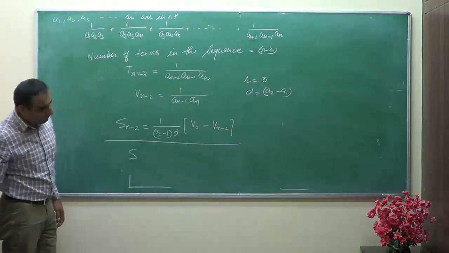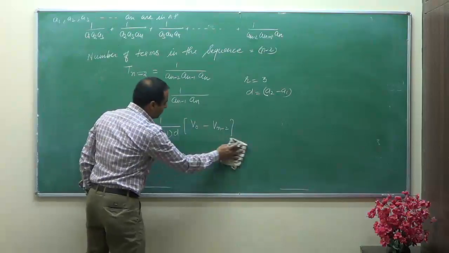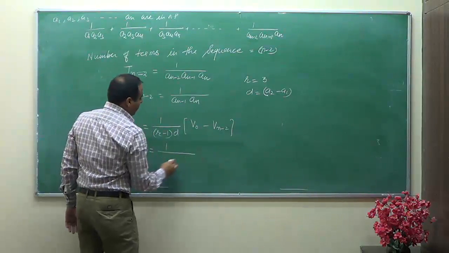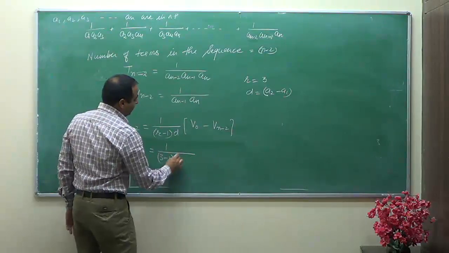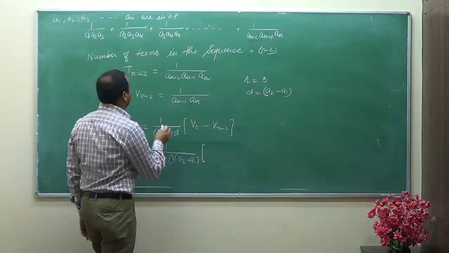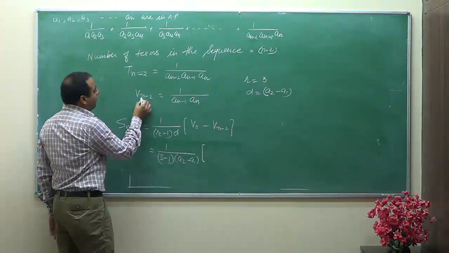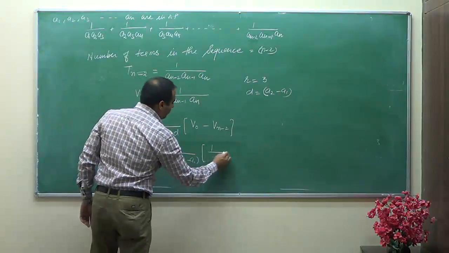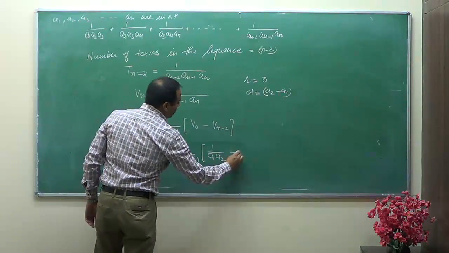How will we find its value? r is 3, so r minus 1 is 2, and d is a2 minus a1. How do we find V0? We put n equal to 2 to get V0, which is 1 upon a1 a2.